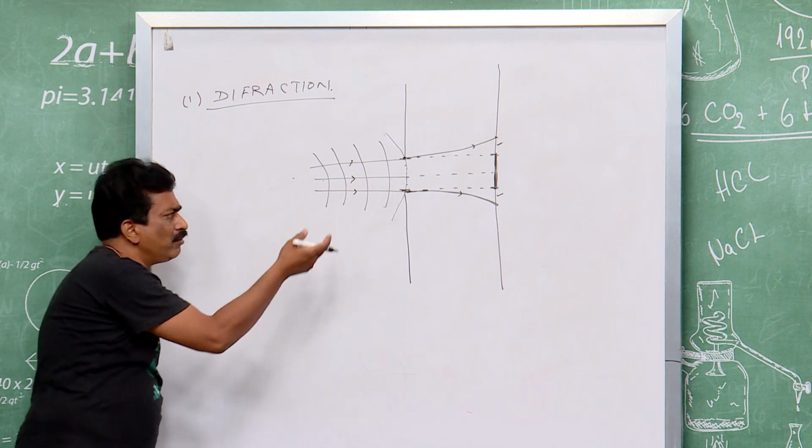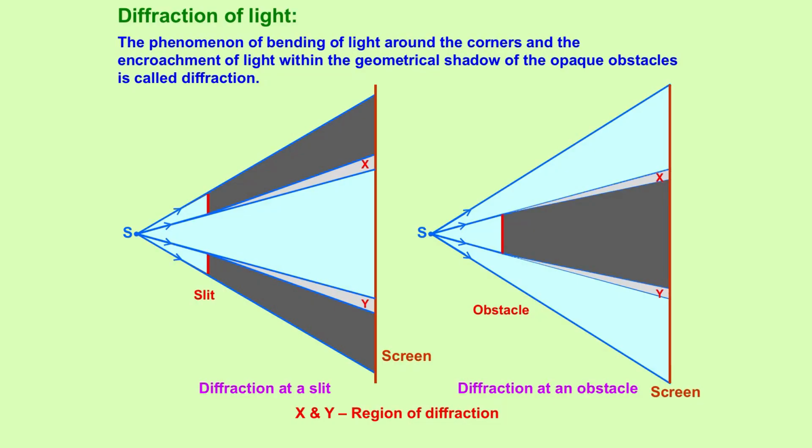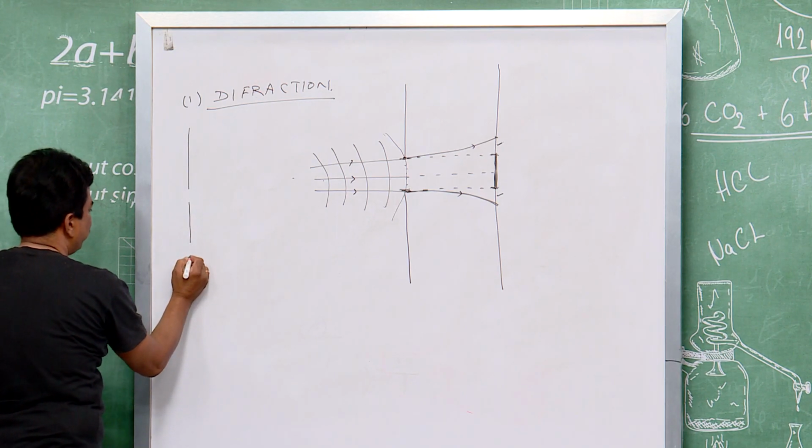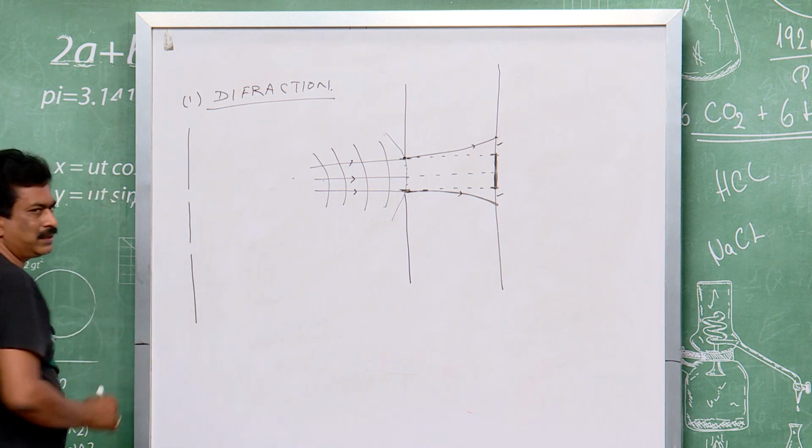Suppose you go for the screen, on the screen also we are finding that when a source of light S is coming and it falls on the two slits we have taken, there are the two slits we have shown. So instead of taking this single one, suppose we take the two slits, this is one slit and this is another slit.